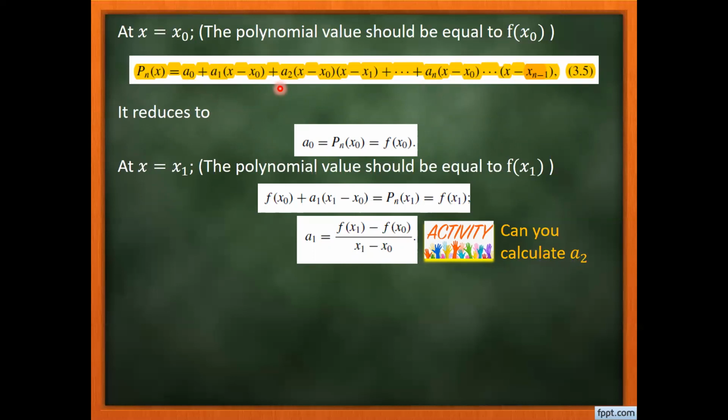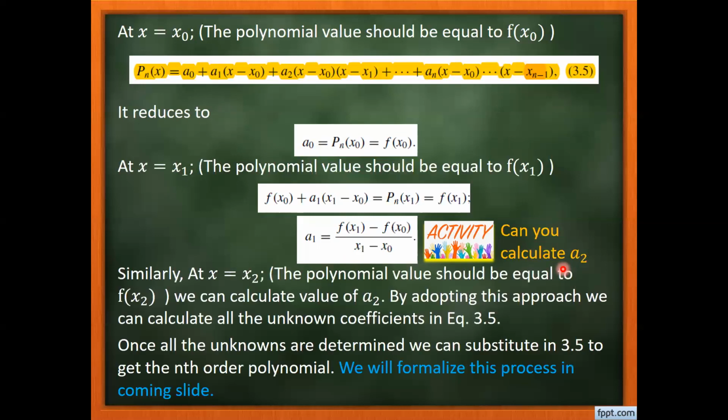So this means that we first put the value of the function at x0 and calculated the value of a0. Now we'll use the second at x1, plug it in 3.5 and got the value of a1. So we can do the same procedure for a2.